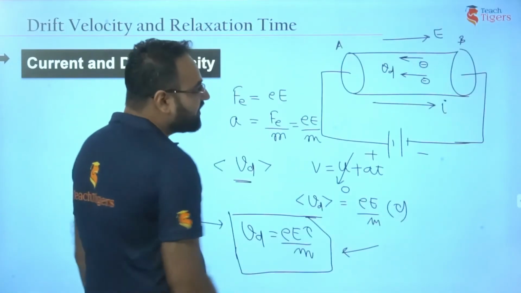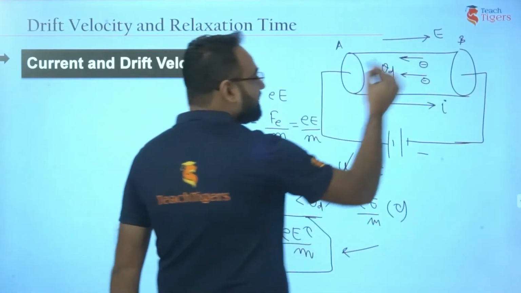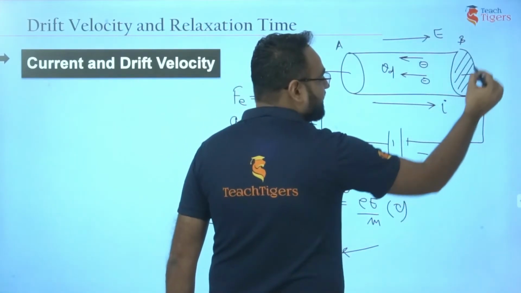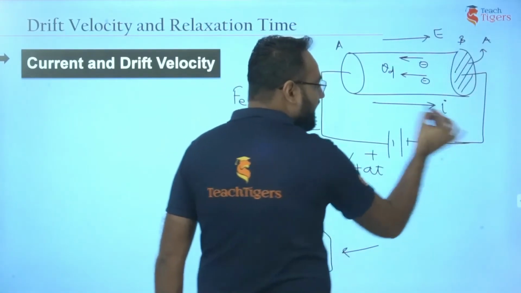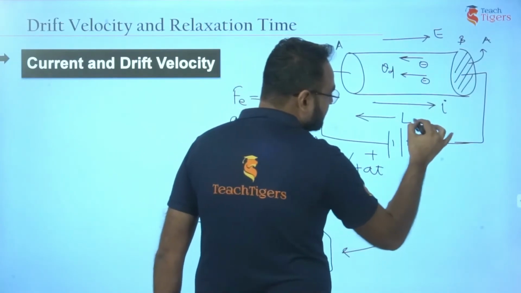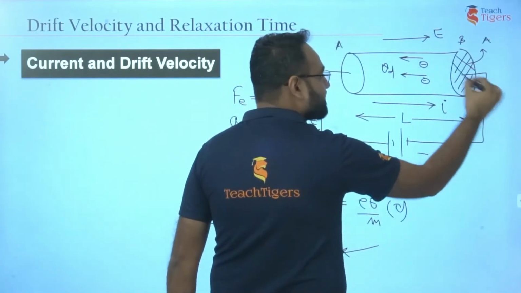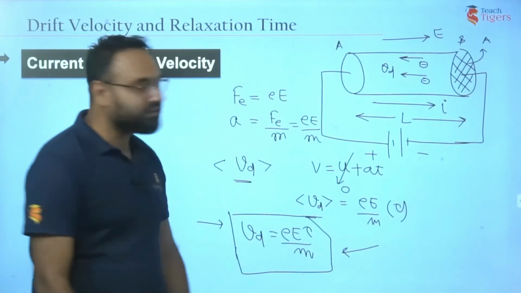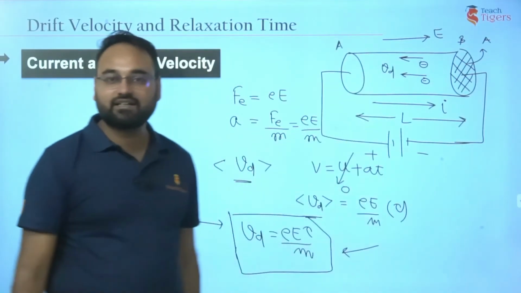So if we consider this conductor, say A is the cross-section area and L is the length of the conductor. Then what will be the volume of this conductor?